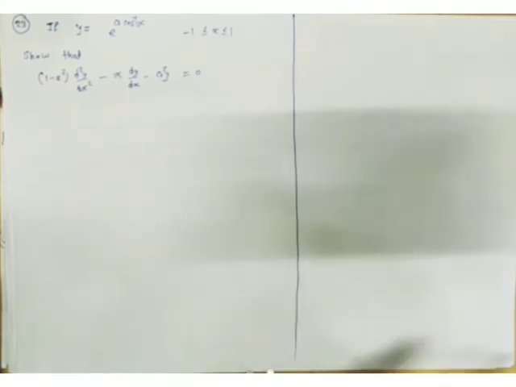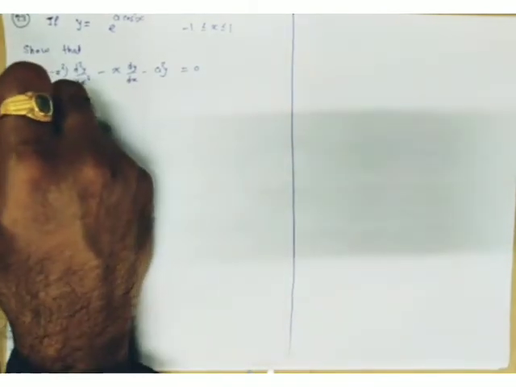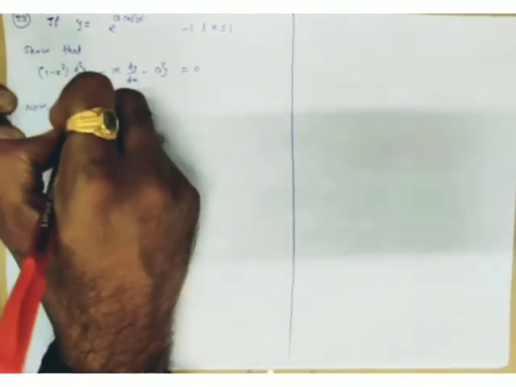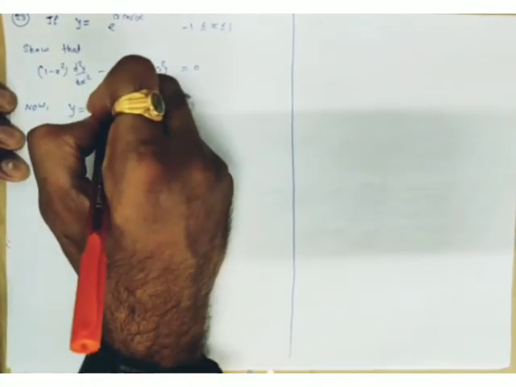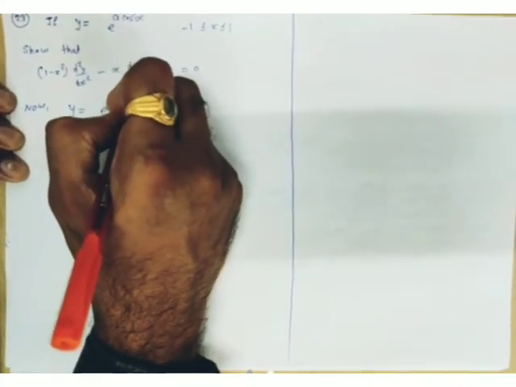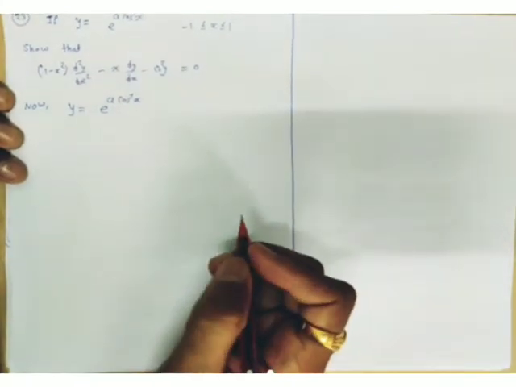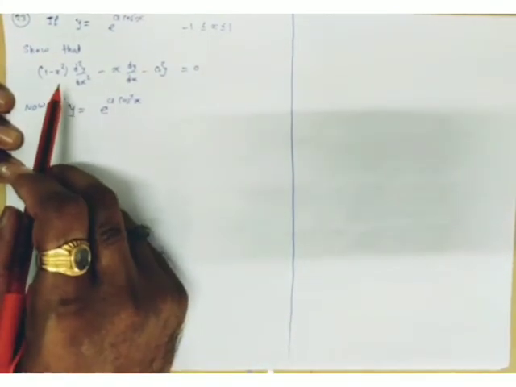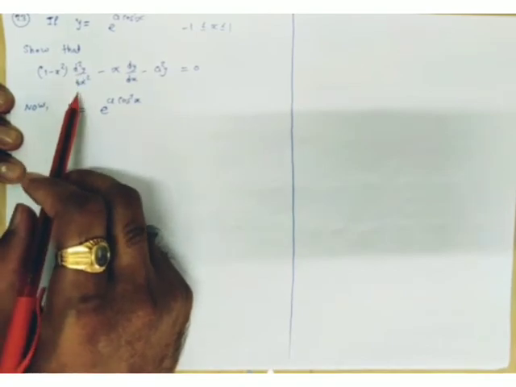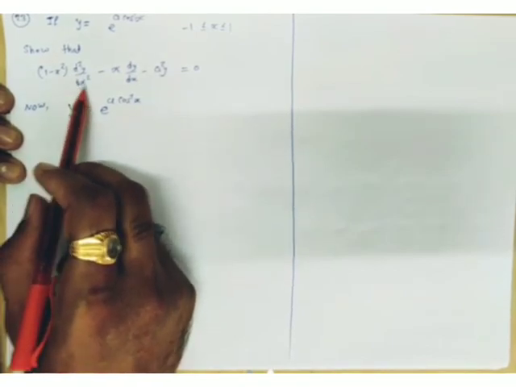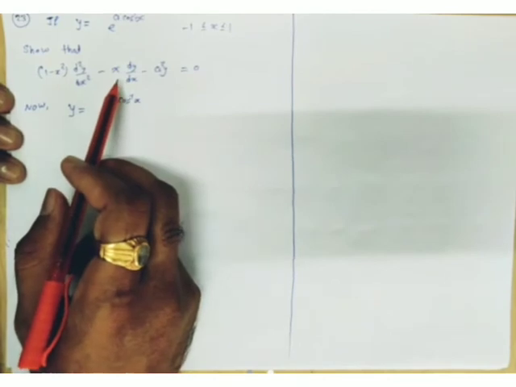Done. So again, start with the given. We are given y equal to e raised to a cos inverse x. For our proof, we require d square y by dx square, that means the second order derivative, as well as dy by dx, the first order derivative.